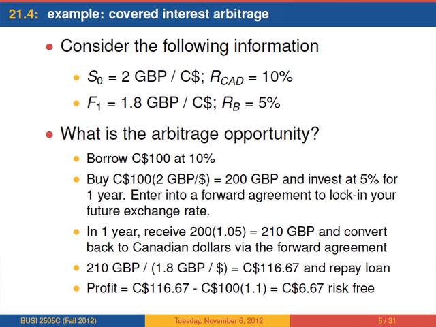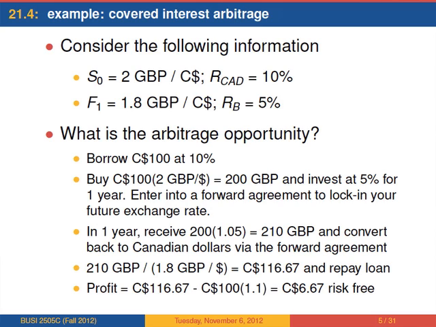So the example of the gold price, I would say that's the simplest case, right? That's just two prices that should be the same. Then you get into the triangle arbitrage, that's three things that should be the same. When you get into the covered interest arbitrage, it gives you an argument for the equilibrium between the exchange rate, the spot rate, and the interest rate in the two countries.